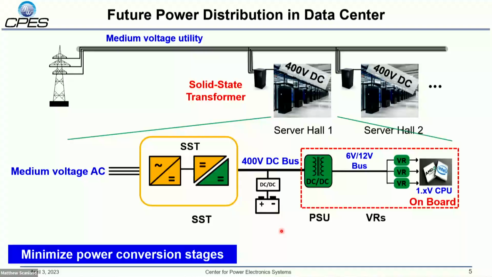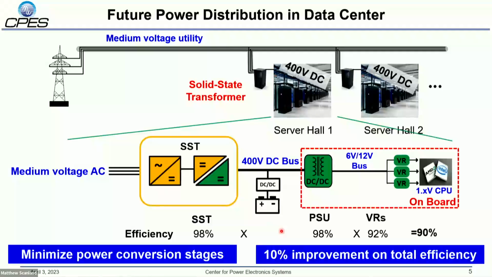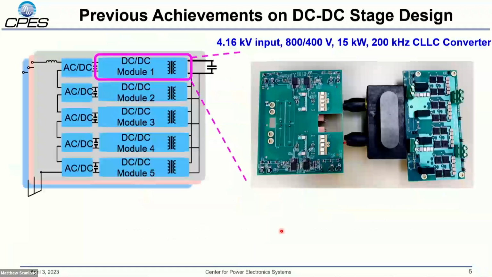The PSU and VRs are all placed on board. In this case, we can minimize our power conversion stages, and due to that we have increased efficiency, which can achieve 90%. Compared with the previous AC power distribution case, we achieve a 10% improvement in total efficiency.